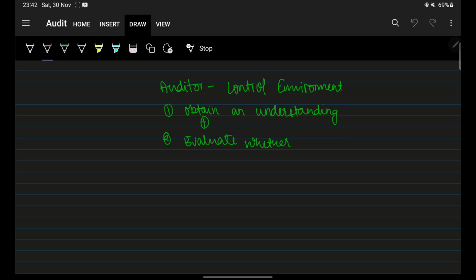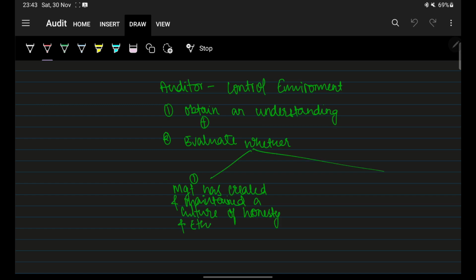Firstly, whether the management has created and maintained a culture of honesty and ethical behavior. Honesty and ethical behavior, right?